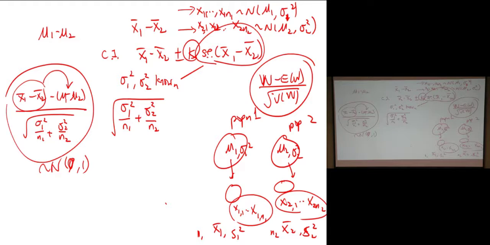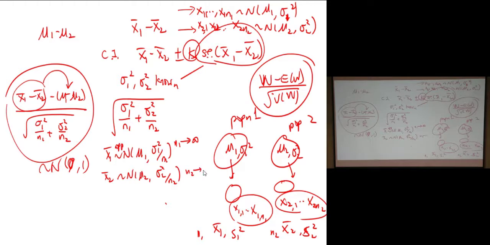Because we can still have this approximate normal distribution for x1 bar, approximate normal with mu1 and sigma 1 square over n1, if n1 is big. Similarly, x2 bar is normal mu2 and sigma 2 square over n2, where n2 is big.